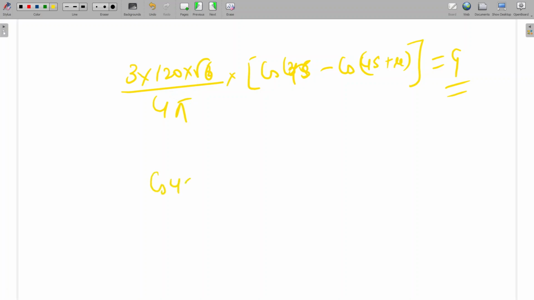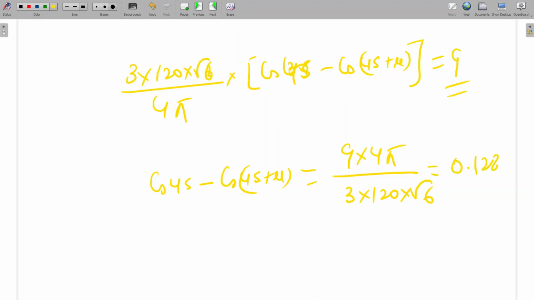So cos 45 minus cos 45 plus mu should be equal to 9 into 4 pi divided by 3 into 120 into root 6. How much? Right hand side is 0.128, sir. Okay. So cos 45 plus mu is equal to cos 45 minus 0.128.